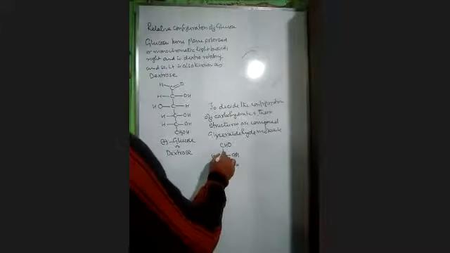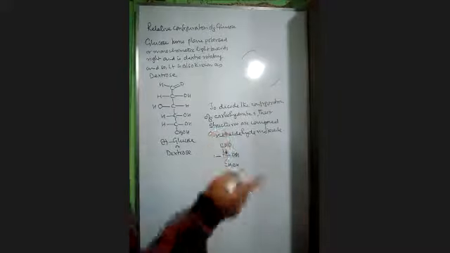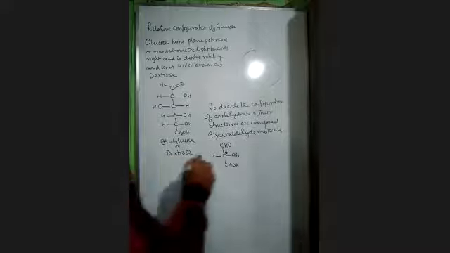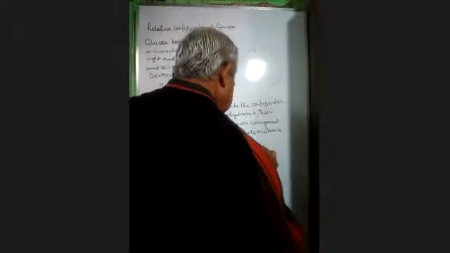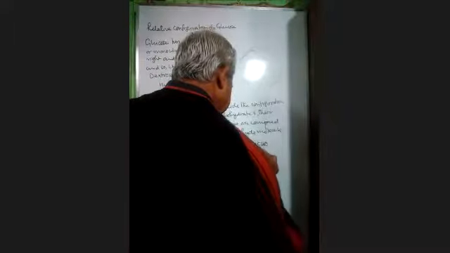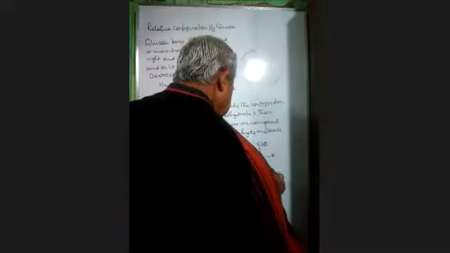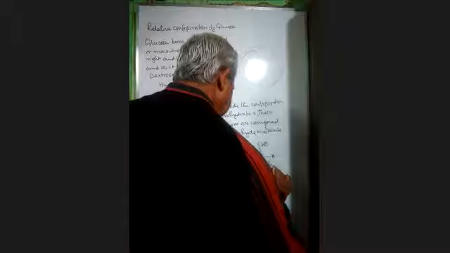Okay, it is optically active. Why? Because this carbon is asymmetric. It has hydroxy groups, so it is polyhydroxy, and it is an aldehyde. Okay, and what is its mirror image? It will be just opposite. So it has two isomers.